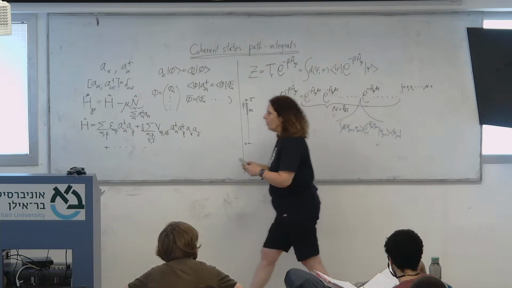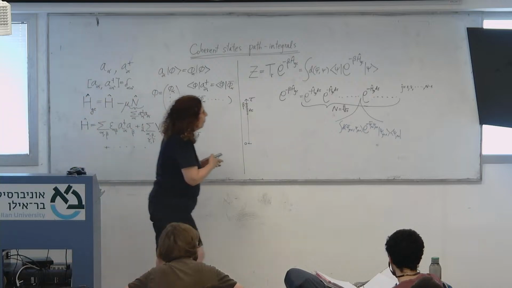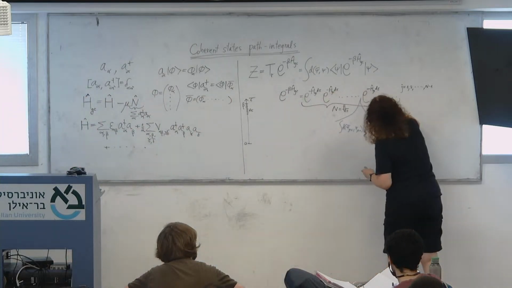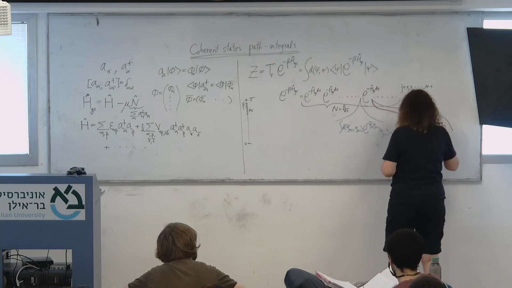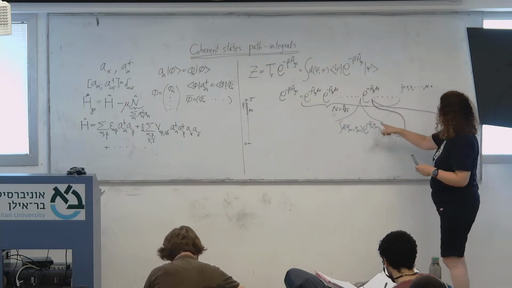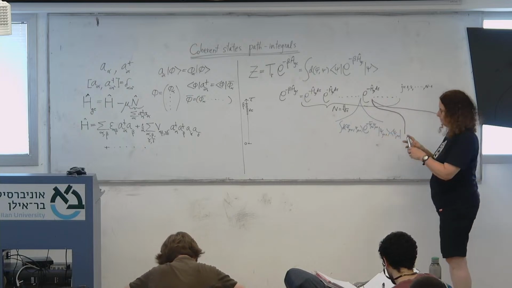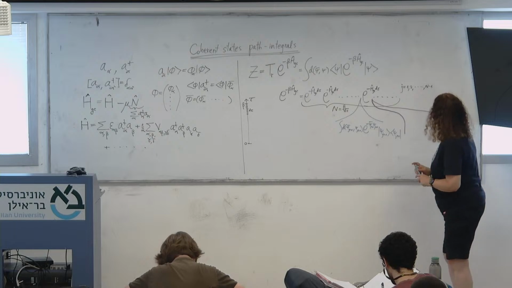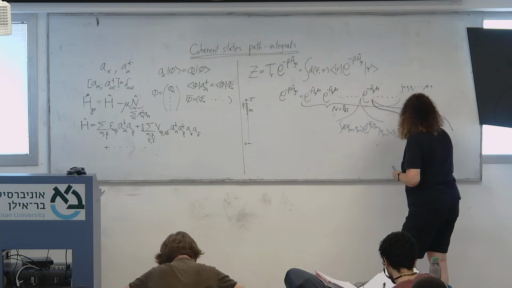let me draw it with a different color, perhaps. I'm going to put the same resolution of identity, but with psi j. Let me just write it quickly.